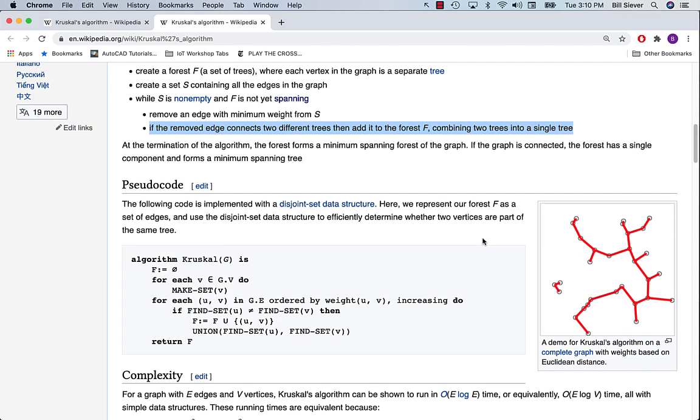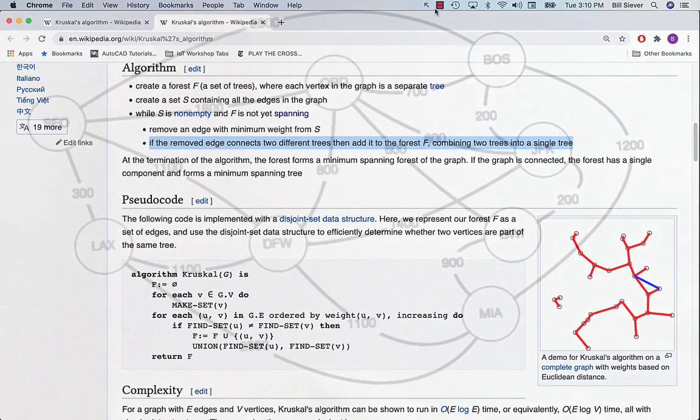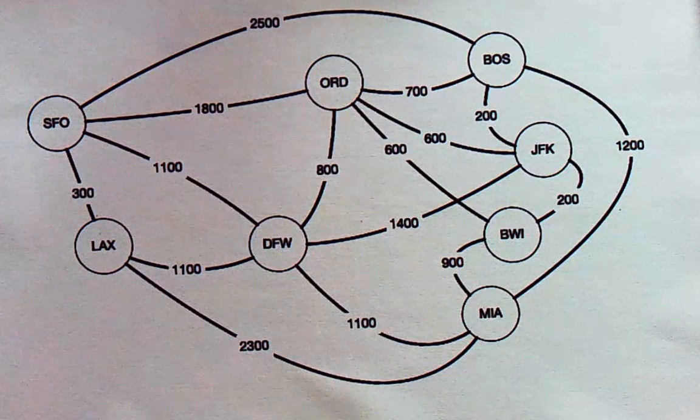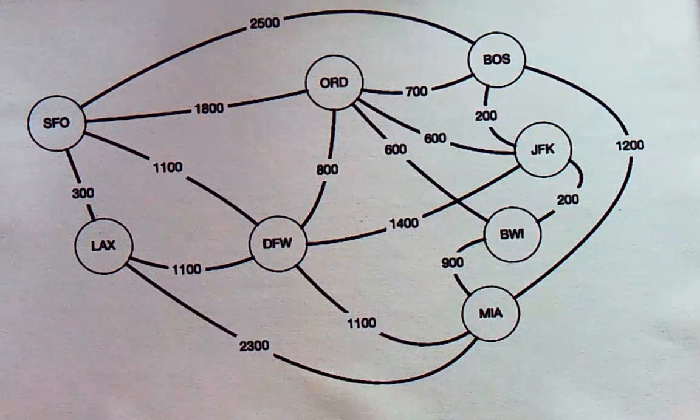Okay, to get a more concrete sense, you can look at the example graph here. I'm going to go through the same problem that we've done a couple of different times, but this time using Kruskal's algorithm. So we've got our familiar graph. In order to help me keep track of things, I'm going to write all of the edge weights down at the bottom. Basically, these represent the concept of my priority queue.